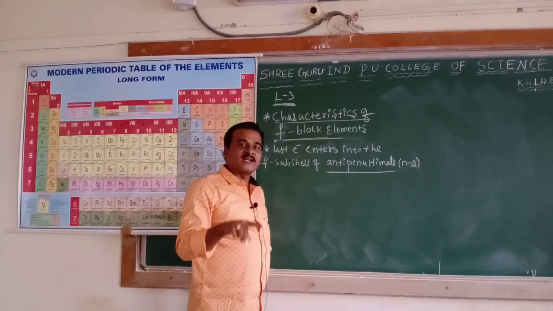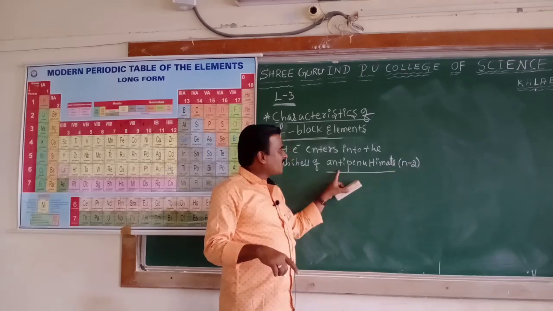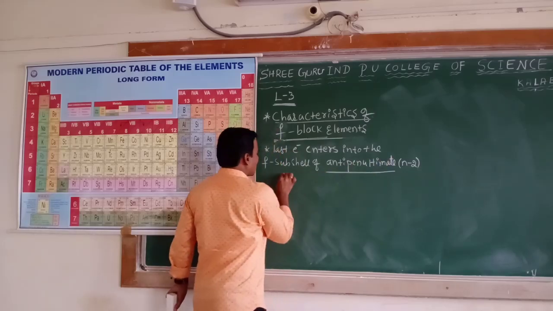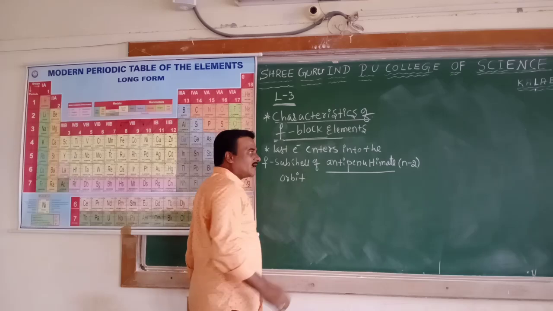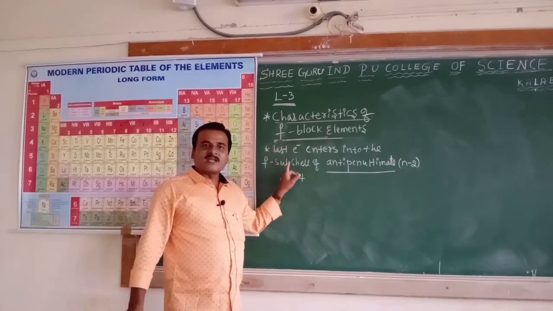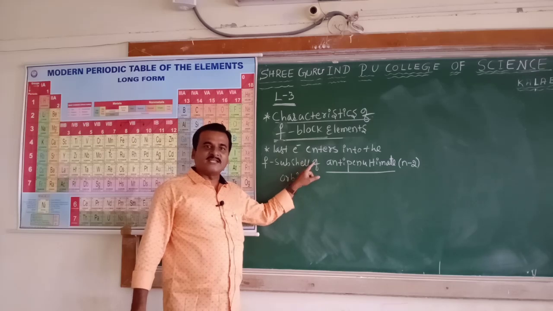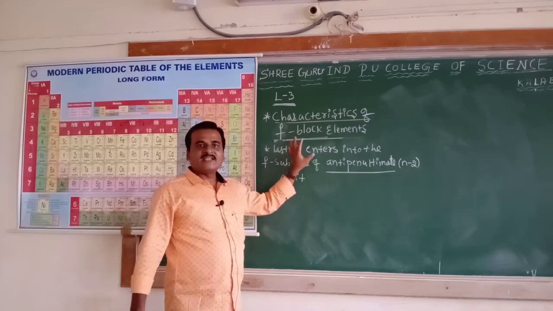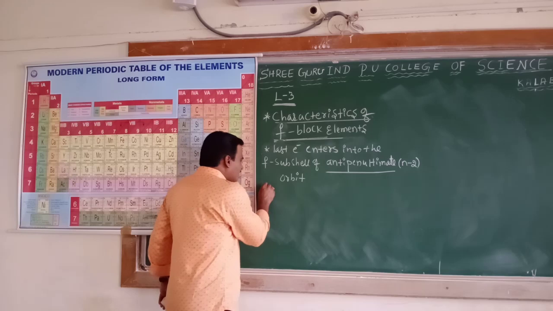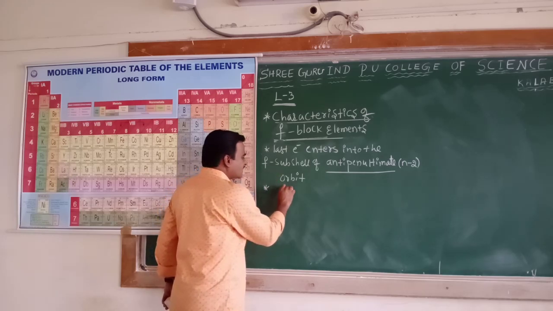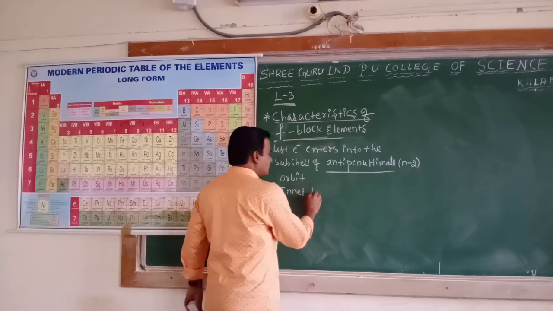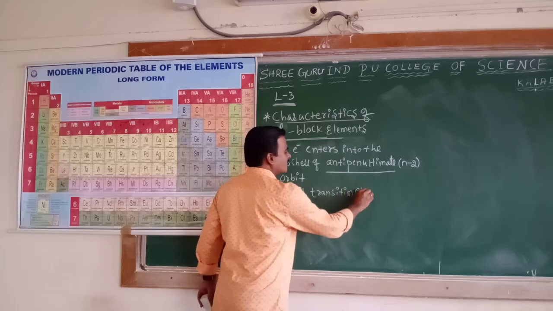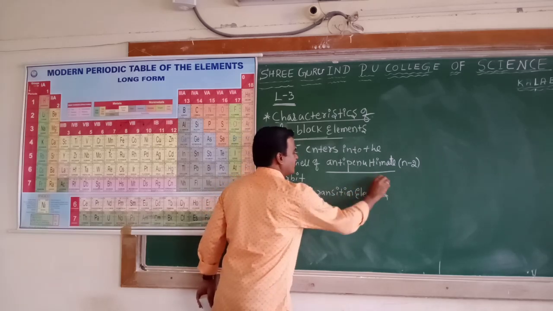In the earlier d block, penultimate was n minus 1; anti-penultimate is n minus 2, the third to the outermost orbit. The elements in which the last electron enters into the f subshell of the anti-penultimate orbit are called f block elements. f block elements are also referred to as inner transition elements.